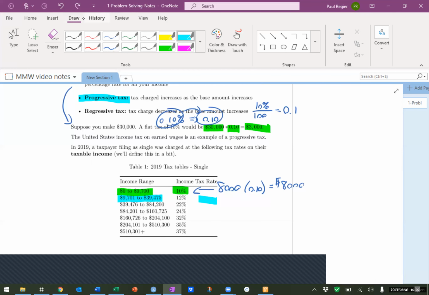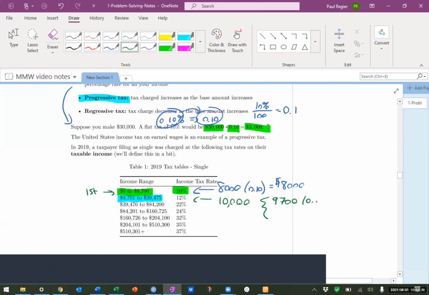Suppose you make just over that. Suppose you make $10,000. Your income is divided up into two parts. The first tax bracket, this is called the first bracket, you're charged 10% for every dollar beneath 9,700.